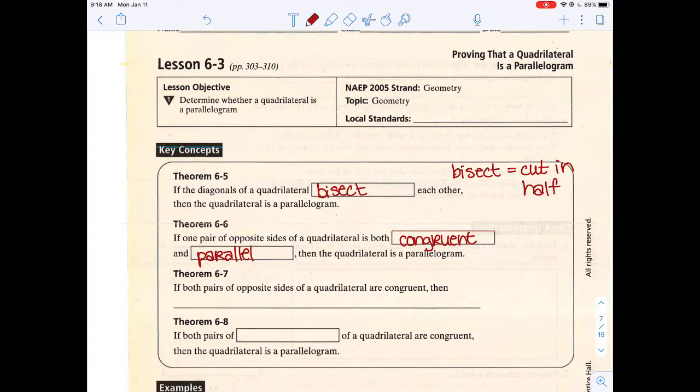Then theorem 6.7, if both pairs of opposite sides of a quadrilateral are congruent, then the quadrilateral is a parallelogram.